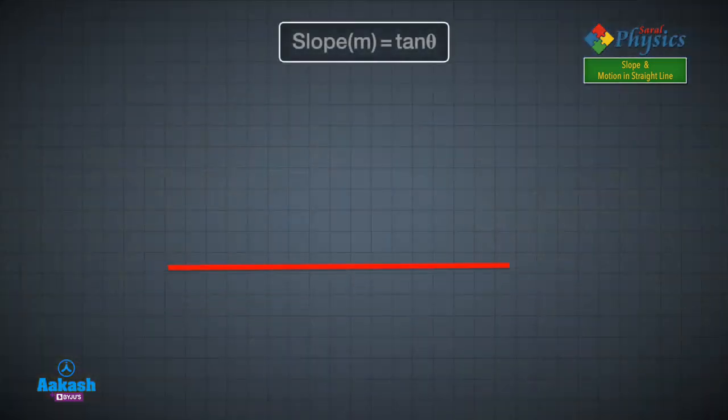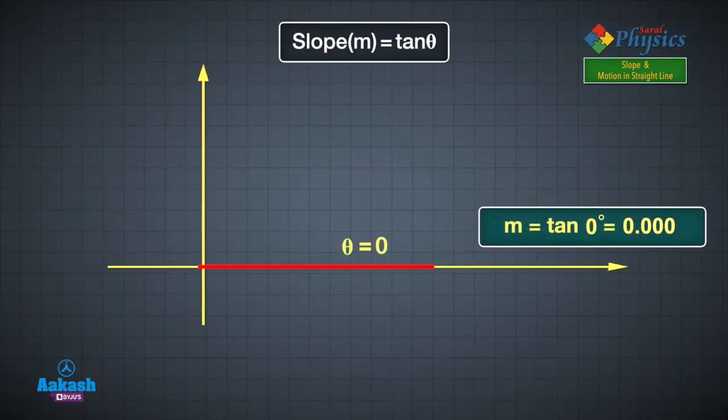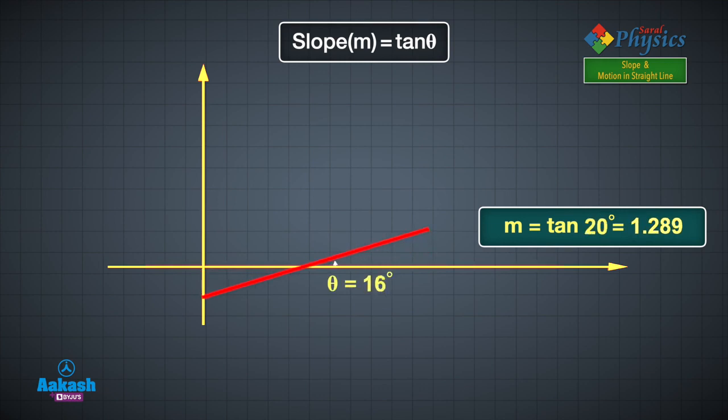Now let's find the slope of this line in different orientations. At this time our theta angle is 0, hence tan 0 becomes 0. And therefore we can simply say the slope of the line is 0. Now if we increase our angle theta, the value of tan theta also increases. As a result, our value of slope of the line increases.